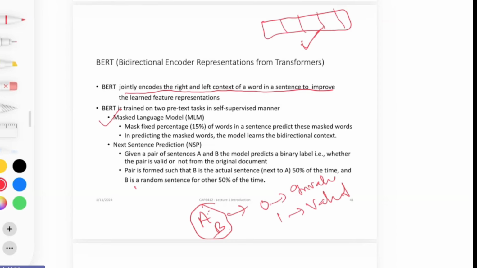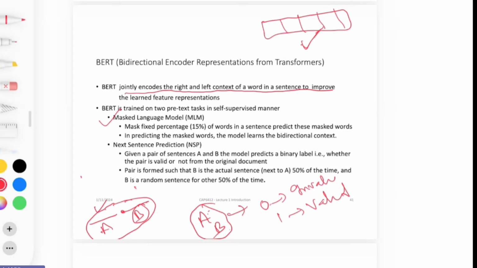Now how do you decide valid and invalid? Valid means that when I'm giving A, and I take the next sentence as B, this pair is valid, because B is coming after A. It's the following sentence.